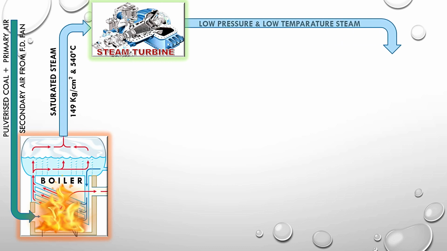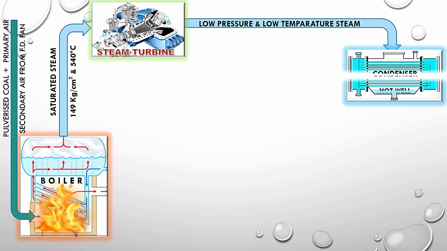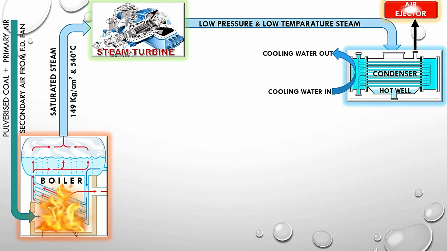After work done, low pressure and low temperature steam enters into the condenser. Cooling water cools the steam and the steam condenses into condensate and is stored in the hot well. After taking heat from steam, cooling water is sent to the cooling tower to release its heat and for further use. Air ejector is used to maintain vacuum inside the condenser.